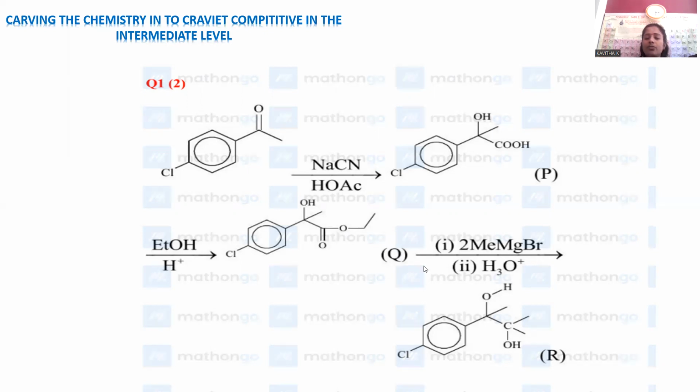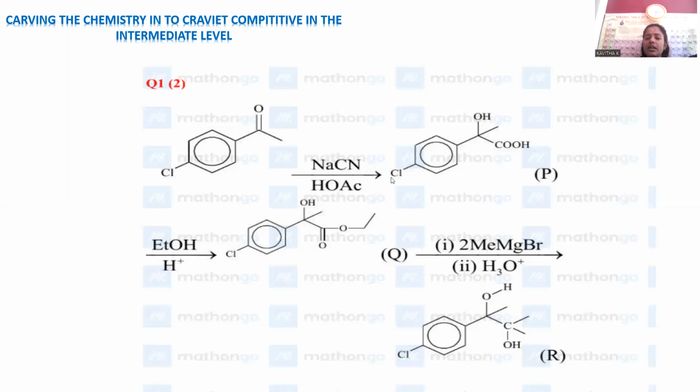The product Q is now treated with 2 moles of methyl magnesium bromide. Whenever methyl magnesium bromide is treated, what happens? Here this methyl magnesium bromide is called a Grignard reagent. Methyl is negatively charged, magnesium is positively charged.